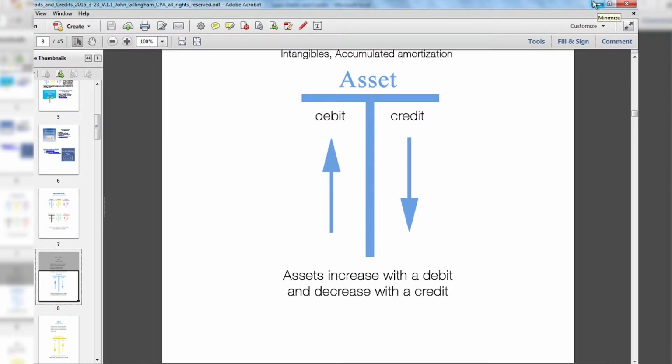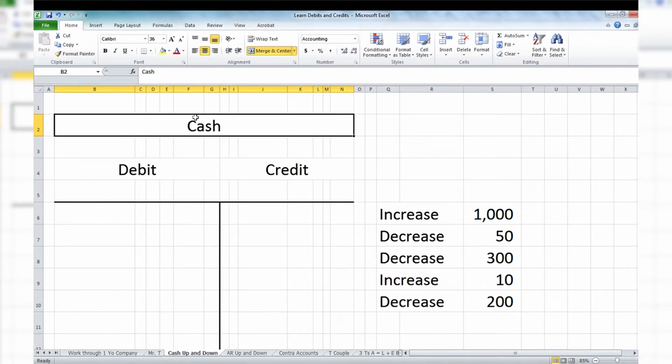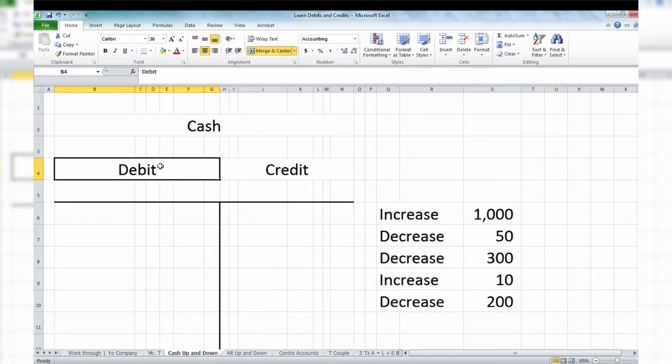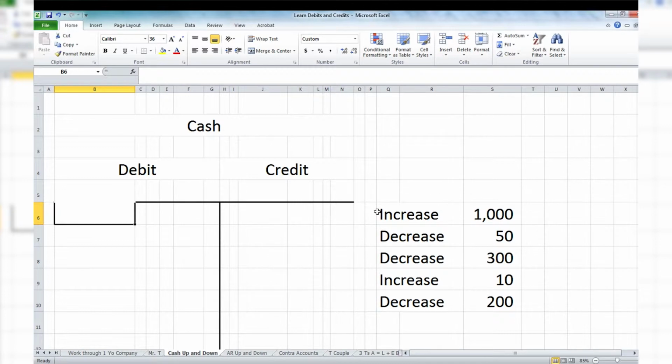Now let me show you how this looks in a T account. Here we have cash. On the left we have our debits, and on the right we have our credits. Debit cash up. You see here, I'm instructing increase 1,000. That's increasing cash. That's simple. Credit cash down, 50.